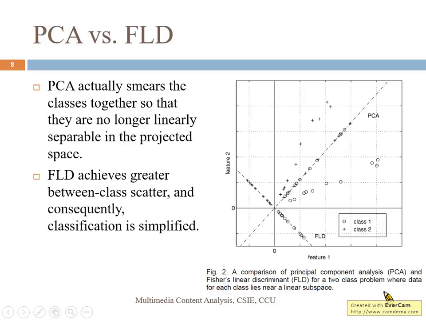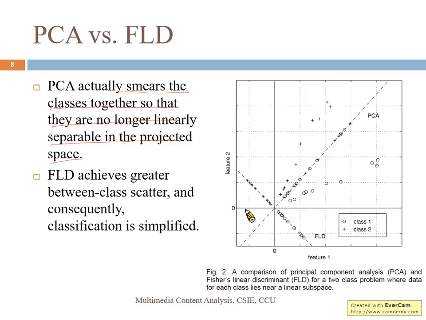And then geometrically, what is the difference between PCA and FLD? PCA actually smears the classes together so that they are no longer linearly separable in the projective space. So assume we have two classes of data. One is circle, another one is cross.